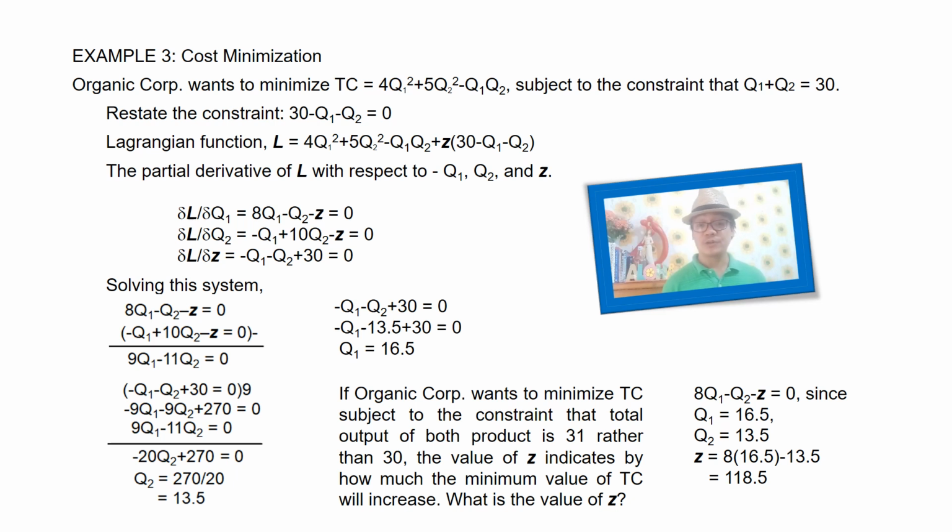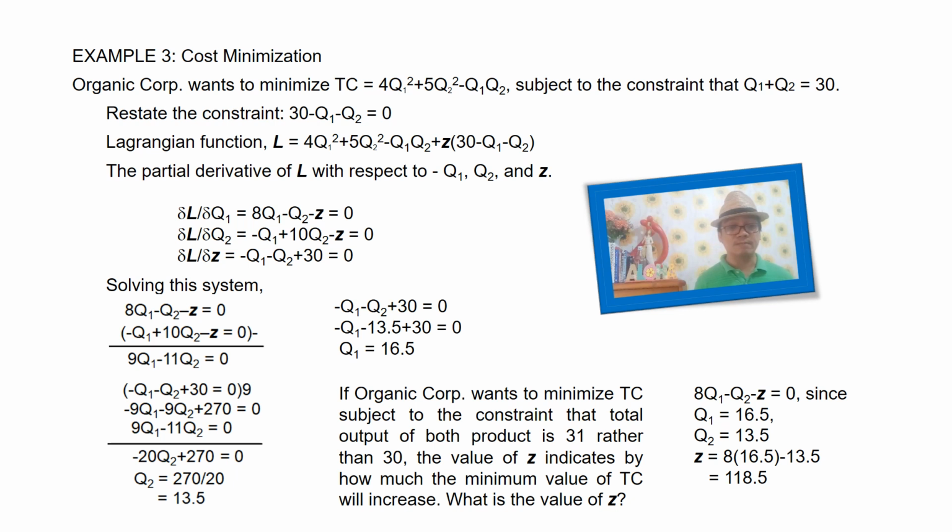For many managerial decisions, information of this sort is of great value. Suppose that a client asks Organic Corporation 115 pesos for one of its products. But to make this product, Organic Corporation would have to stretch its total output to 31 per hour.